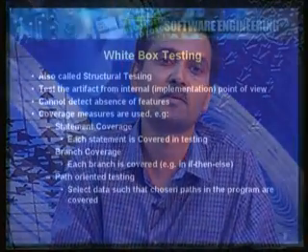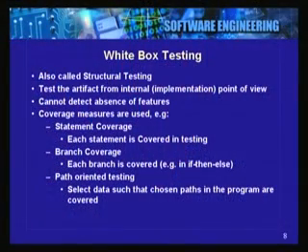In contrast to black box testing, we have white box testing, which is also called structural testing. Here you test the artifact from internal or implementation point of view. Though you are going to test the artifact from internal point of view, you are going to look at every statement, conditions and so on.